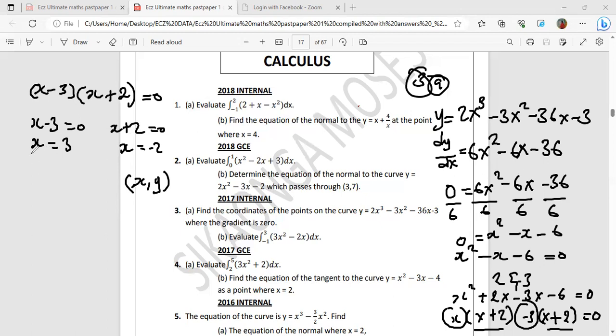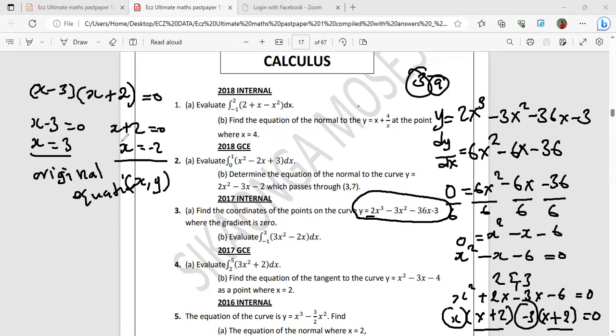So what you're going to do is take these values and replace them in the original equation, which is the equation you have been given in the question.